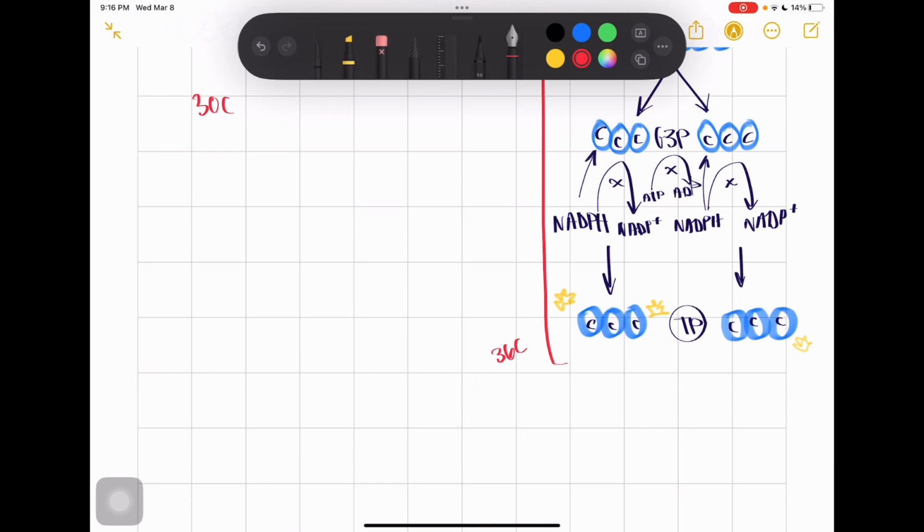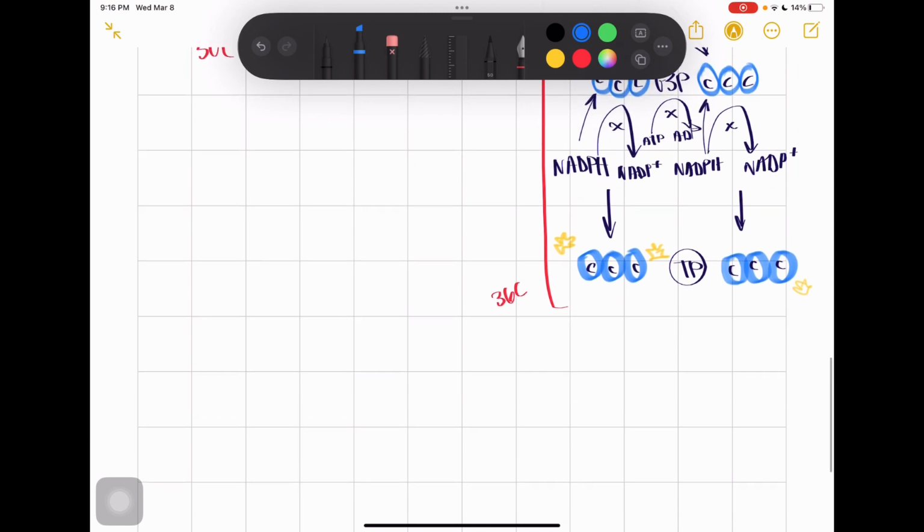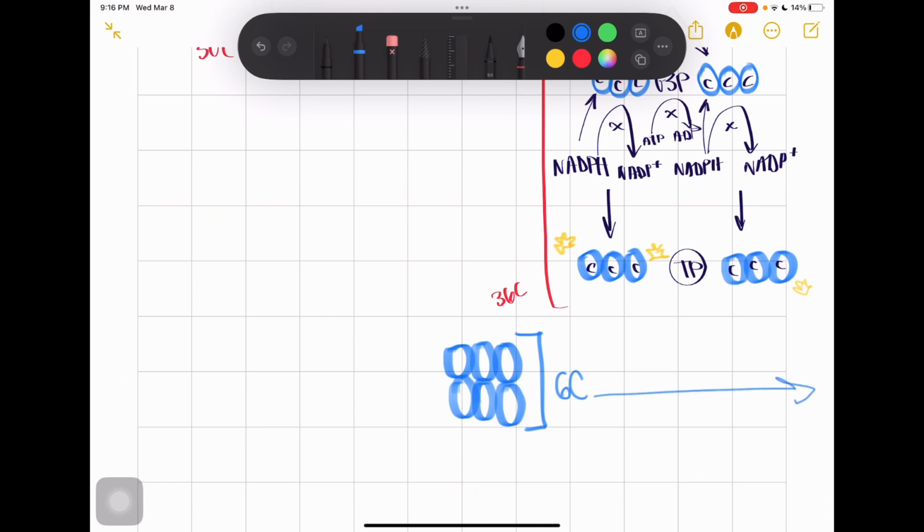However, here's the thing. Listen closely. These 36 carbons, 6 of them, 1, 2, 3, 4, 5, 6, are going to come together and make a 6C, which is eventually going to turn into glucose.